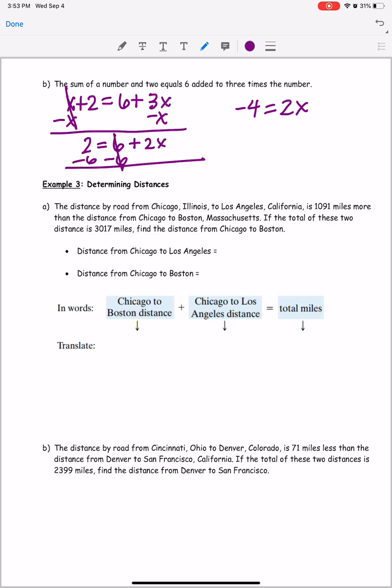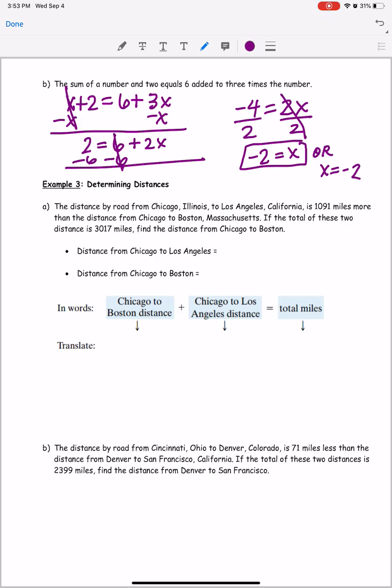And then last step is to divide. So we'll divide both sides by 2. And we get negative 2 equals x. And then, of course, if you're me, you can write x equals negative 2. Okay.